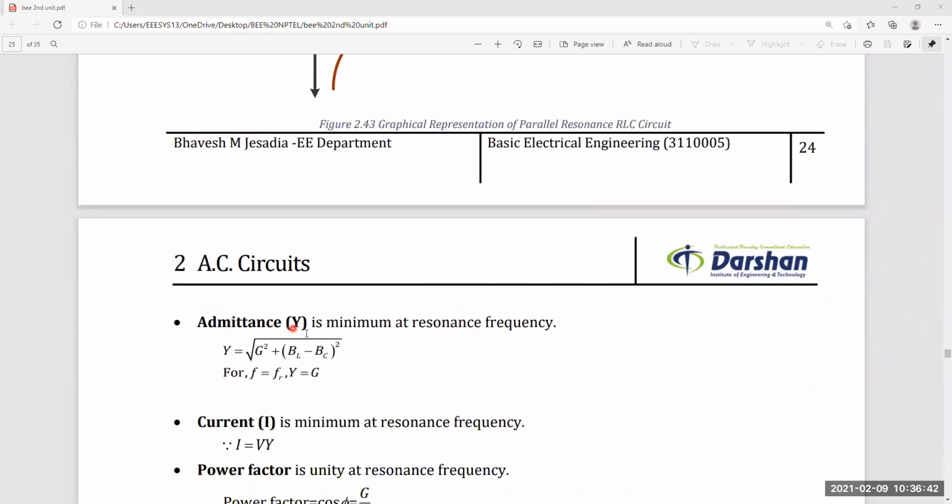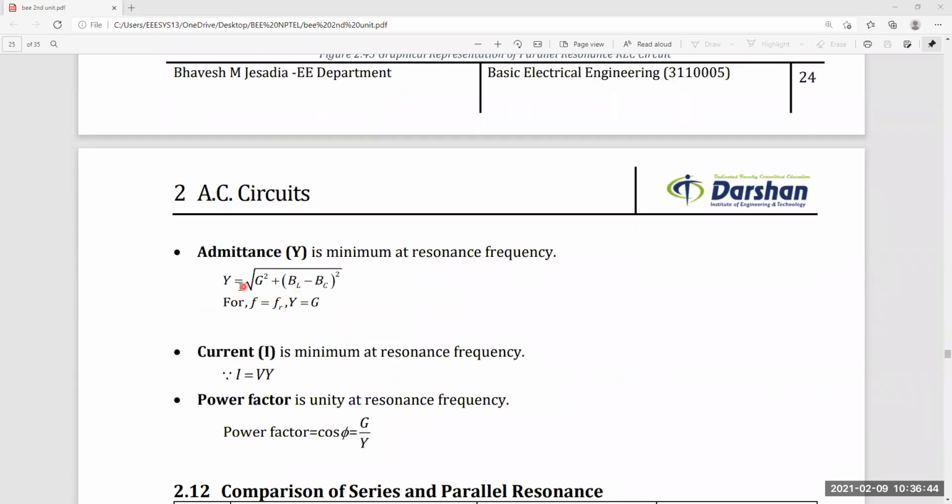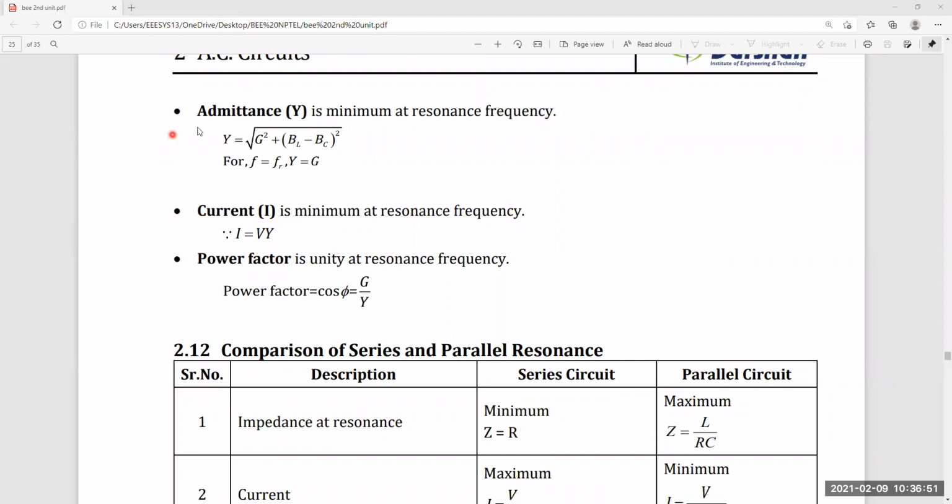For impedance, Z is equal to root of R square plus XL minus XC whole square. For admittance, Y is equal to root of G square plus BL minus BC whole square. Under resonance condition, Y is equal to G, which means BL is equal to BC.